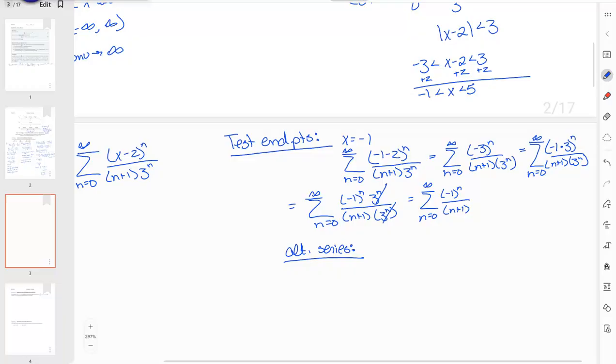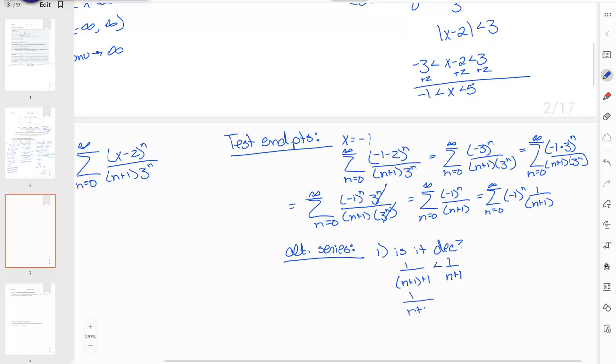We have to check two criteria with the alternating series. The first one is, is it decreasing? And we're looking at the non-alternating part. For us, this would be 1 over n plus 1. Is the sequence decreasing? So, not negative. 1 over n plus 1 plus 1. Is that next term smaller than the previous term?